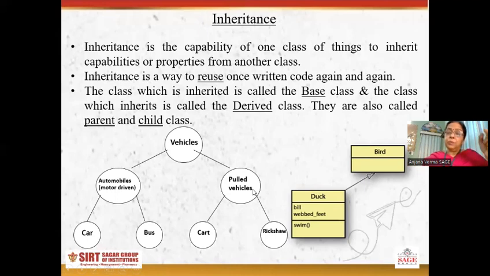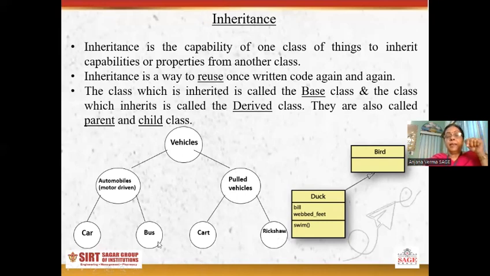But with that superclass property, it is having its own property. Means what? Automobile driven means it is having motors. It is running with fuel and so on. Like this is also having the property of vehicle, means it can do transport, but its own property. If it is a cart, it is driven by an animal, and if it is a rickshaw, driven by a person.